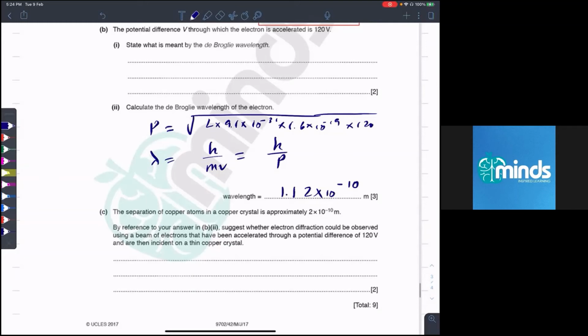So they are comparable. It means that diffraction is possible. Did you mention the same thing? Because the wavelength of the electron is comparable with the separation of copper atoms, diffraction is possible, because the necessary condition for diffraction is that the wavelength of the wave should be comparable with the slit opening or the slit separation or the width of the opening.